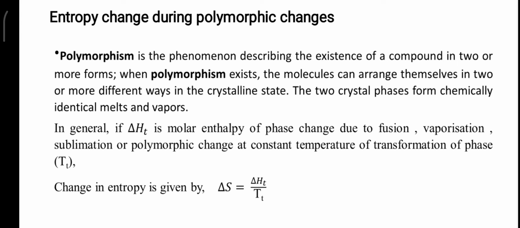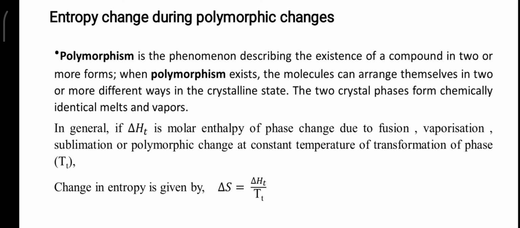Next we have another important process. It is called the transition process. It is also called the phase transformation process. Here the substances exist in different allotropic forms at a particular temperature, and that temperature you can call a transition temperature.